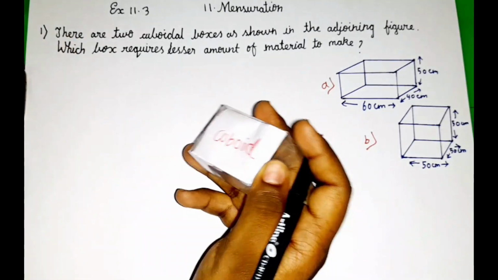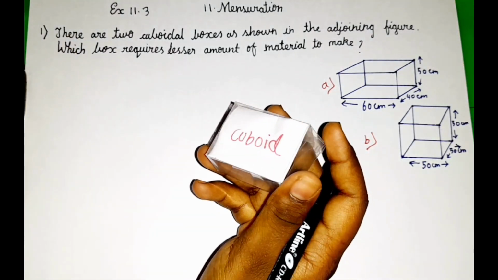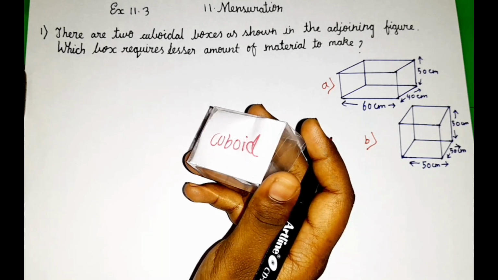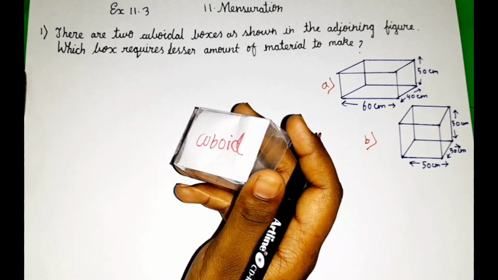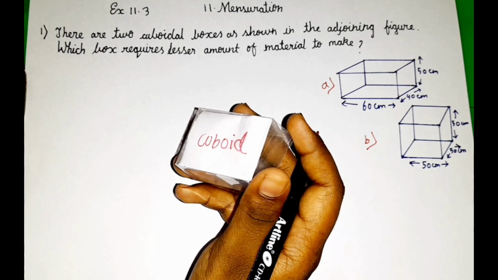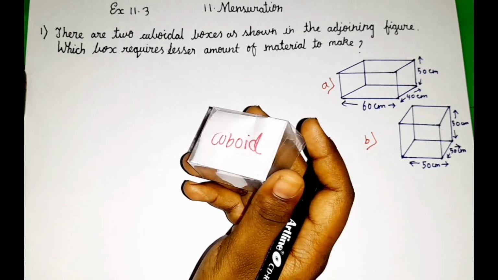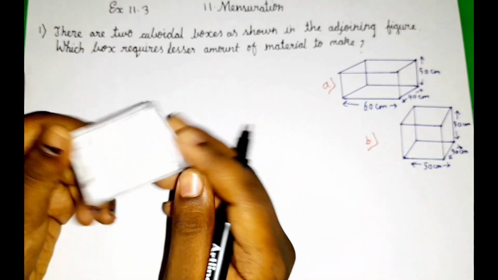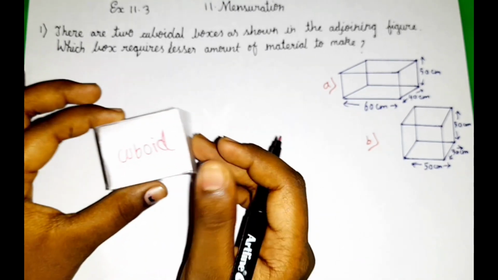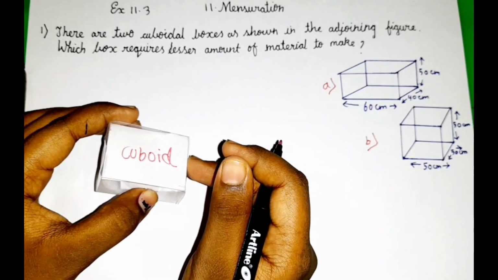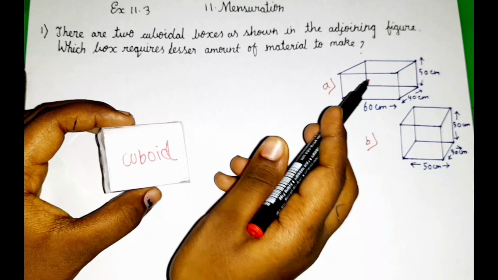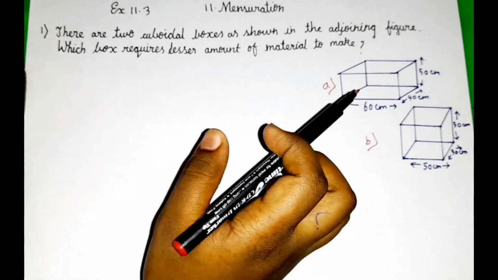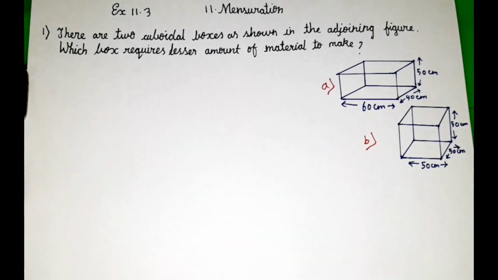So I will write here cuboid. Examples of a cuboid are a mattress, a box, or a matchstick box, anything like that. To make this I will need few materials. So they are asking in these two figures which one will require less material.